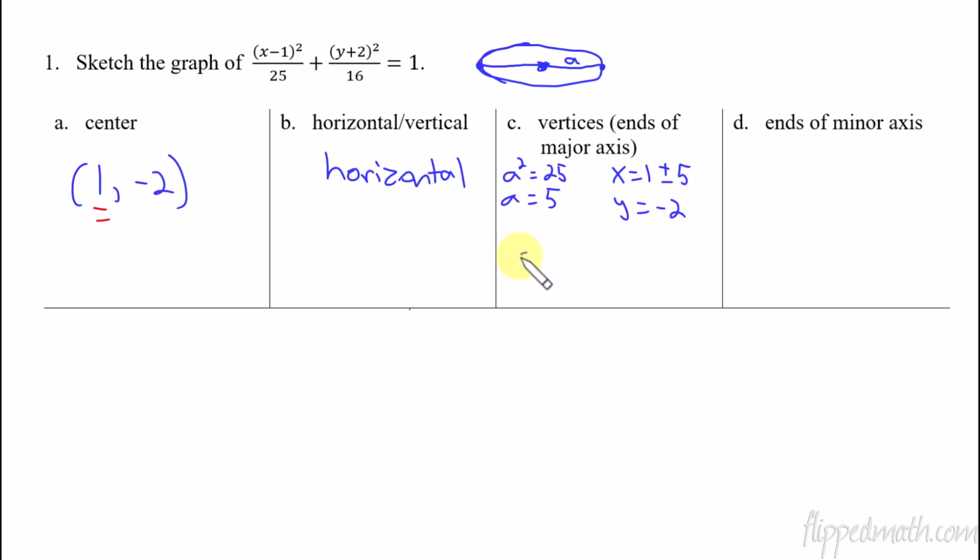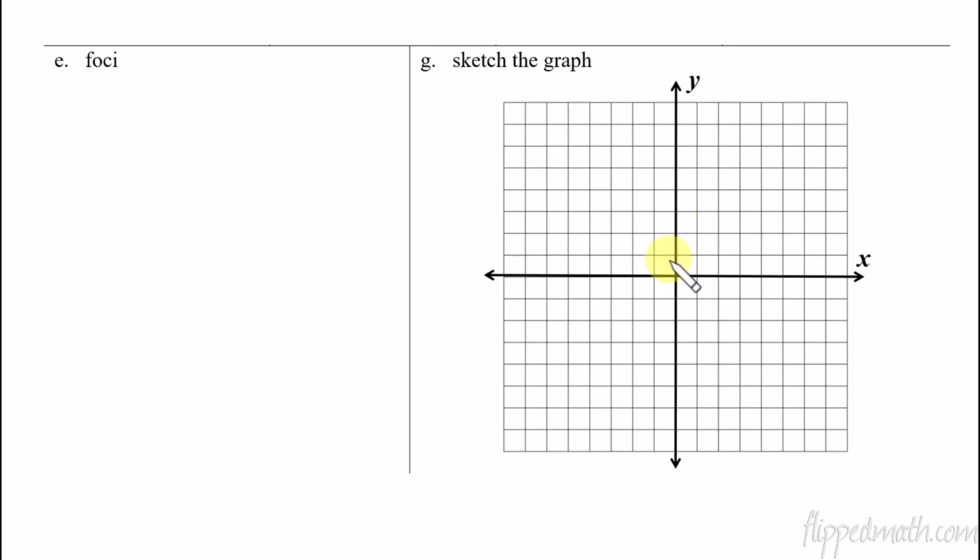So my vertices, the ends of the major axis, are 1 - 5, which is -4, comma -2, and then the other vertex is at 1 + 5, which is 6, comma -2. Okay, let's start plotting some things on here that we know for this graph. So 1, -2 is the center.